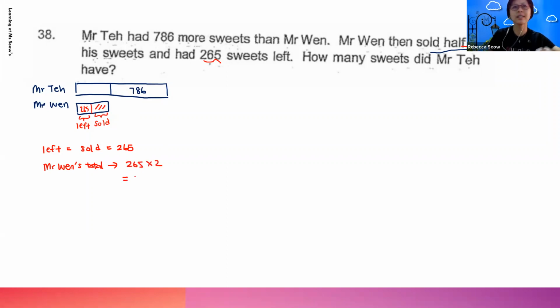Or we can just add 265 to 265. Have we managed to find Mr. Wen's total to be 530? So if we have found that Mr. Wen has 530 sweets, what we can do is recognize that actually this can be brought up.